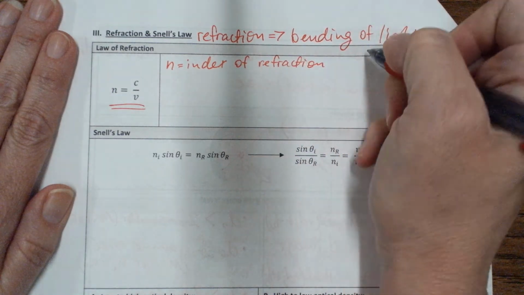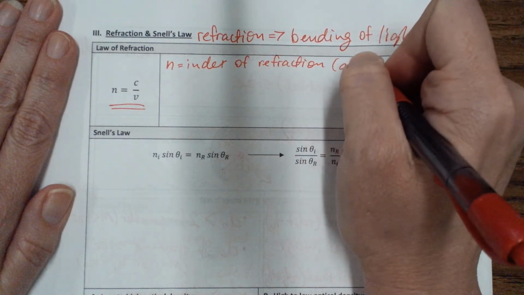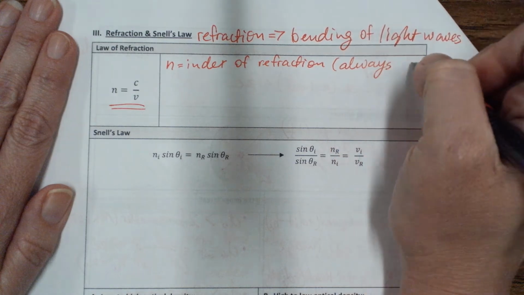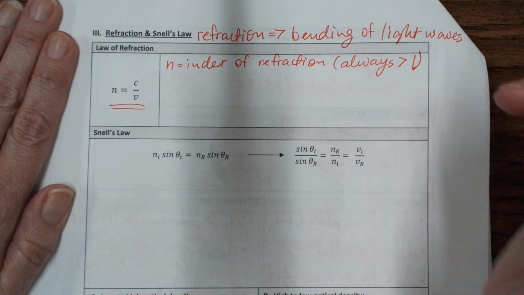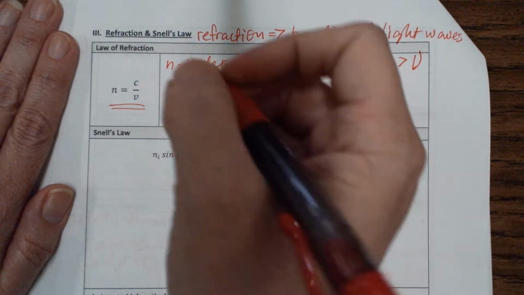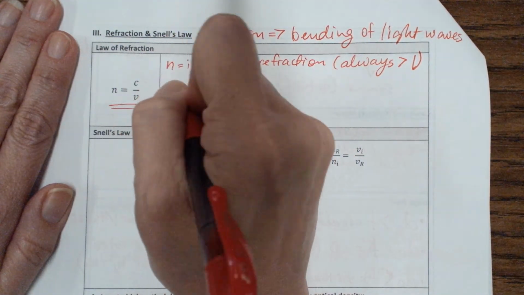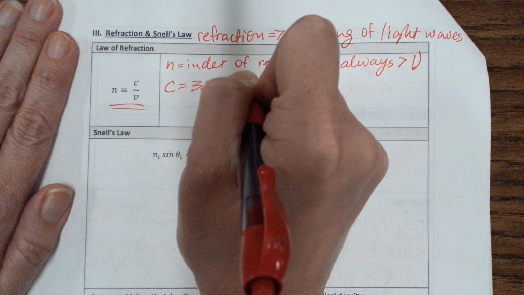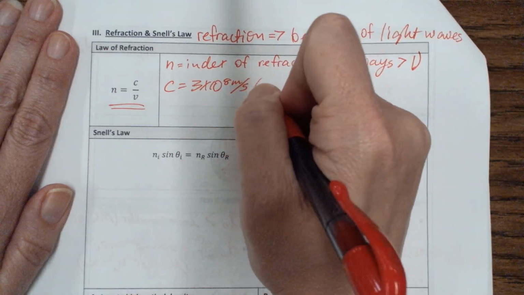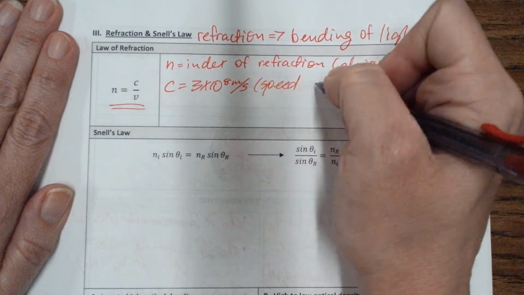It doesn't have units, but it's always greater than 1. I guess it could be equal to 1, but that's weird. And c is 3 times 10 to the 8th meters per second, the speed of light in a vacuum.